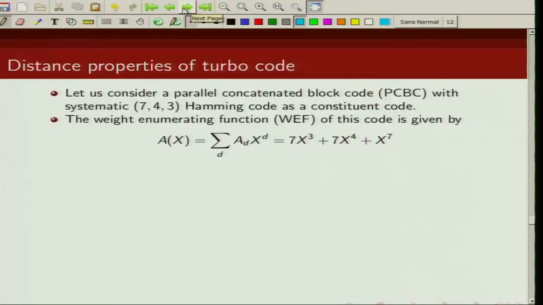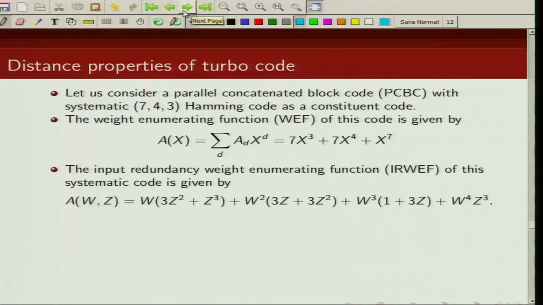Now we know that in systematic form the weight enumerating function of the Hamming code is given by this expression. There are 7 code words of weight 3, 7 code words of weight 4 and 1 code word of weight 7. These are the non-zero code words in a systematic 7/4 Hamming code.